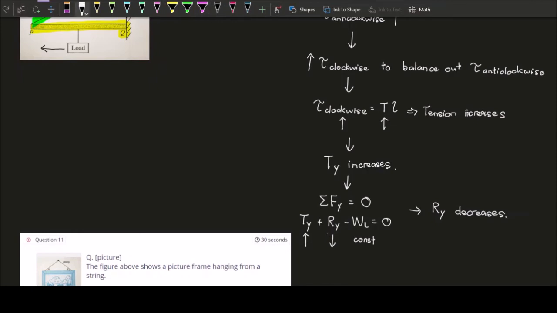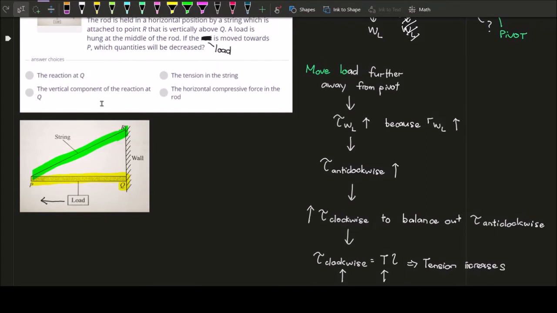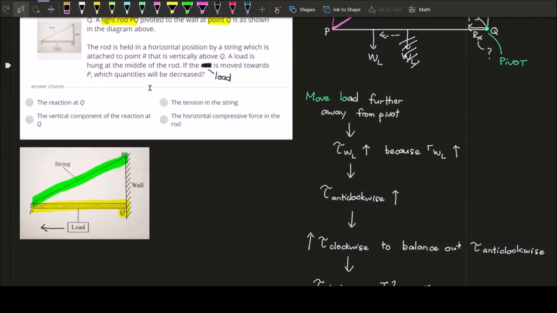And this is the answer that we are looking for after such a long time. Ry will decrease. Therefore, the vertical component of the reaction at Q will be decreased. So that will be our answer.